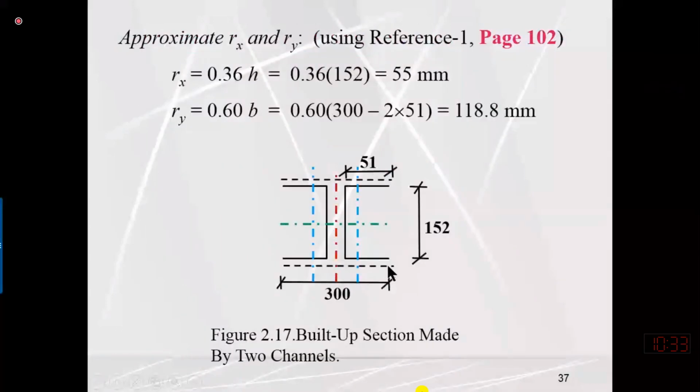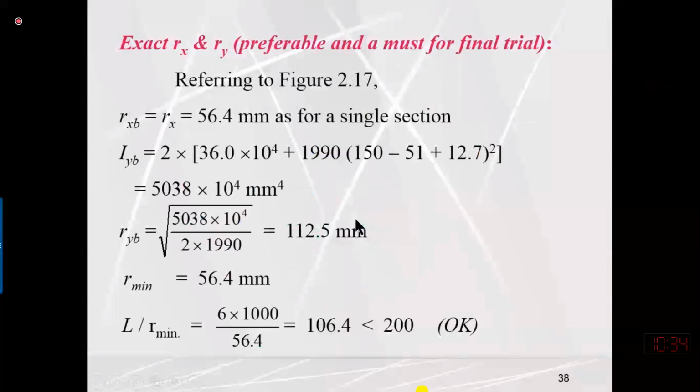So the half distance from the y-axis of the built-up section to the edge will be 150. 150 minus 51 plus this x bar, so the answer will remain the same, 111.7. This is the area of a single channel, A, times the distance between the y-axis of the single channel and the y-axis of the built-up section. Parallel axis theorem, which is dx.